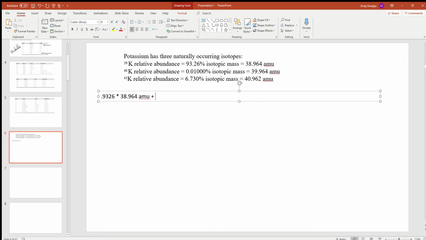We take the mass of the second element, times the mass of the second isotope, and then the same thing for the third one. We add those all together, and we get our mass of 39.099 AMUs that we find on the periodic table.